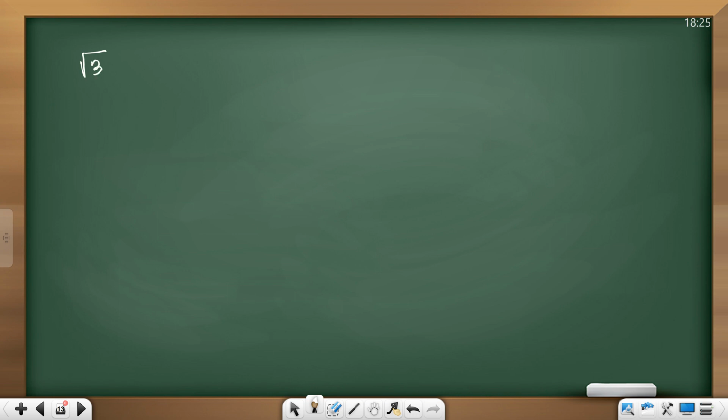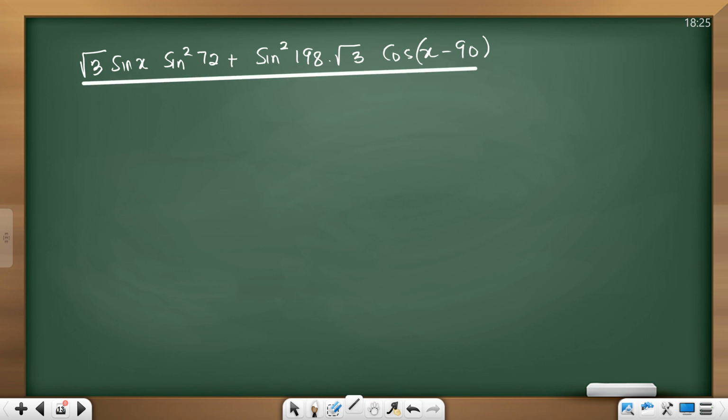Root 3 sine x sine squared 72 plus sine squared 198 over root 3 cos x minus 90 plus tan 120 sine x. 6 marks. I know somebody's already fainting. Take it one step after the other.